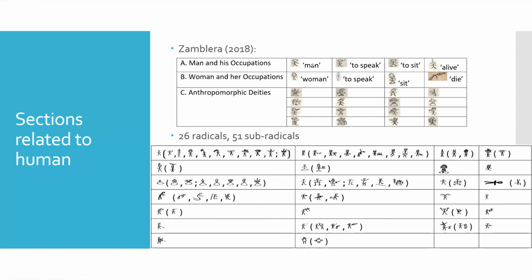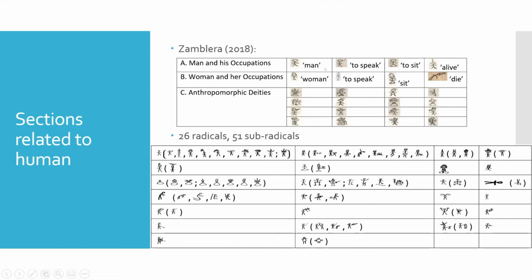It has also been conducted by Zamblera, and take the cluster related to the human figure, for instance. He has highlighted 3 categories. Category A includes the glyphs related to man and his occupations. Category B, woman and her occupations.